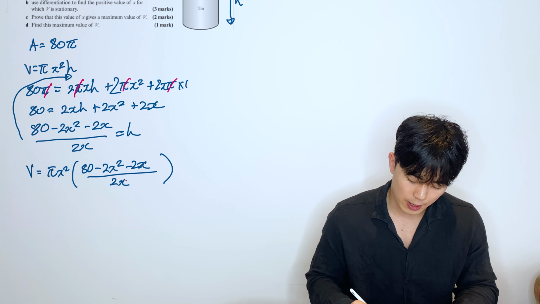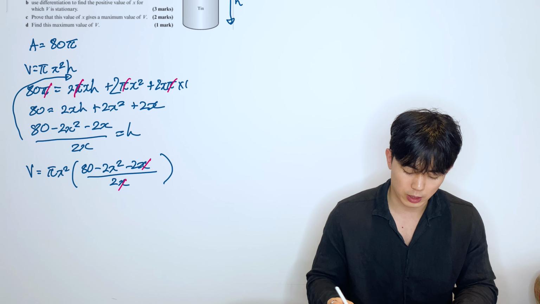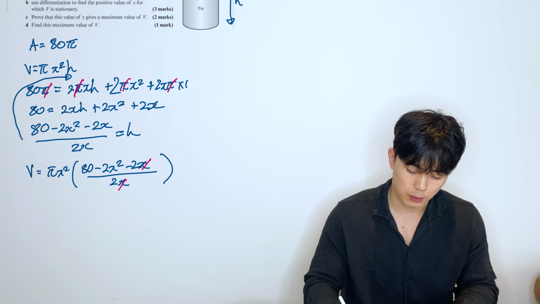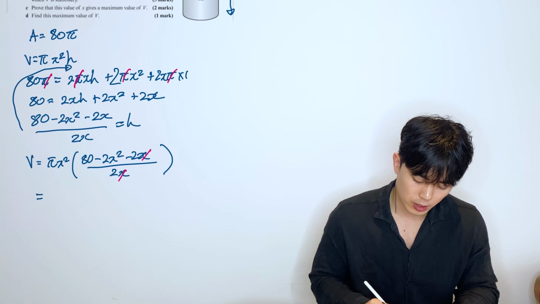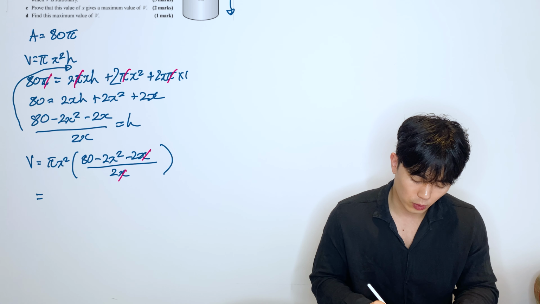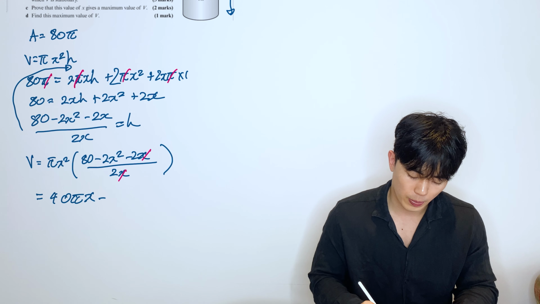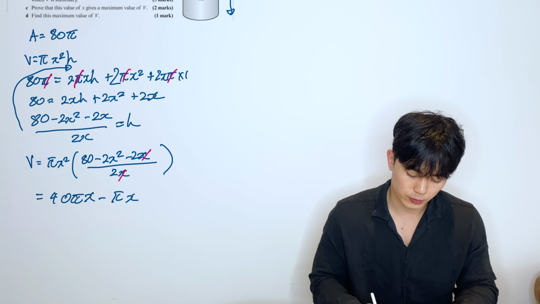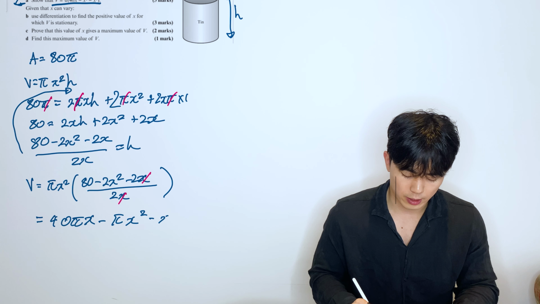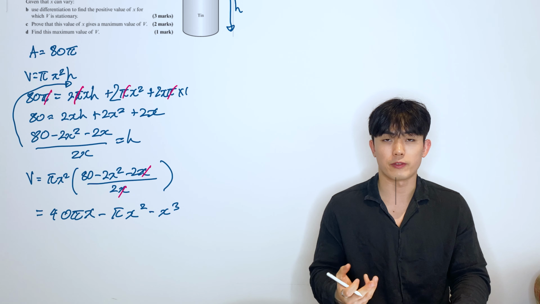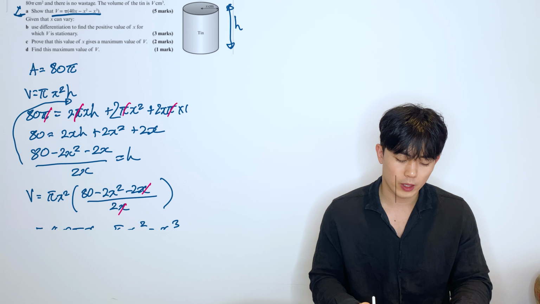So let's multiply by x squared and divide by 2. So we get 40 pi x minus pi x squared minus x cubed, like this. Okay, so we get the volume that they want us to show.